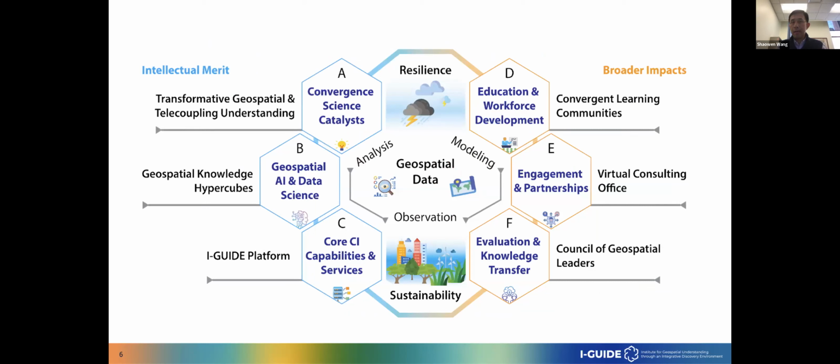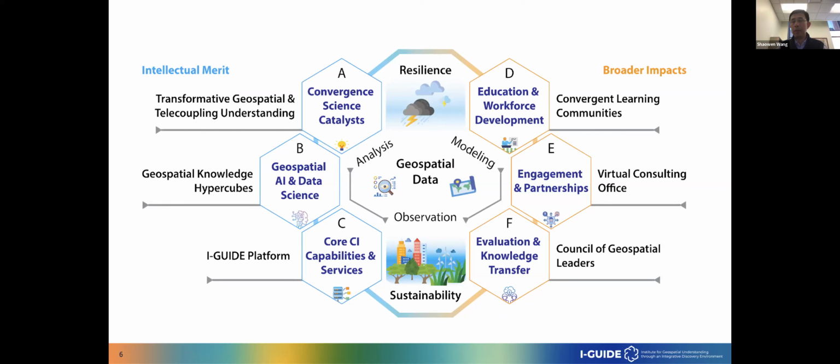In iGuide, we have 6 key components. On the left, you see convergence science catalysts. You could think of this as connecting different domains and disciplines together to respond to major sustainability challenges. Convergence is to connect across different domains, and within iGuide, we have over 12 disciplines represented.